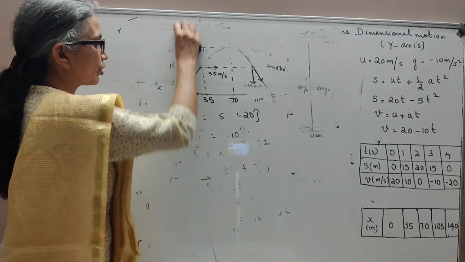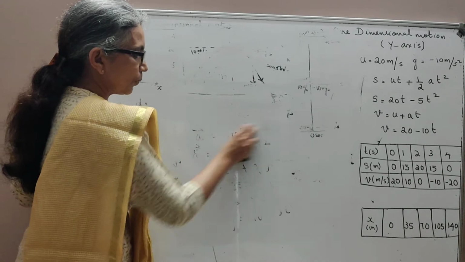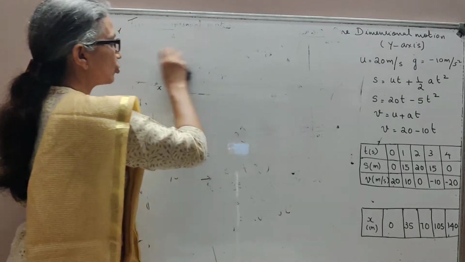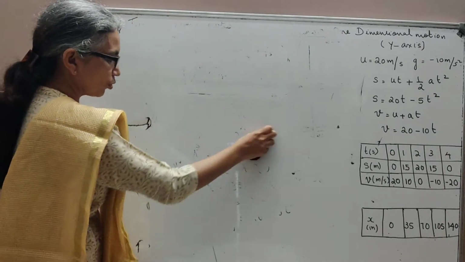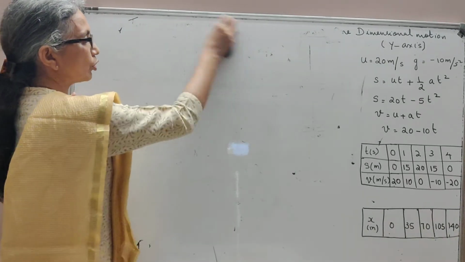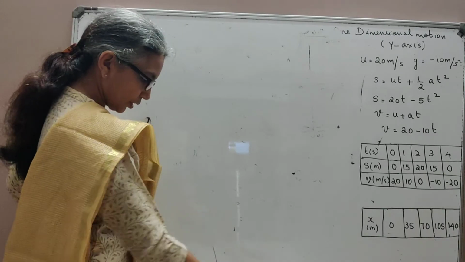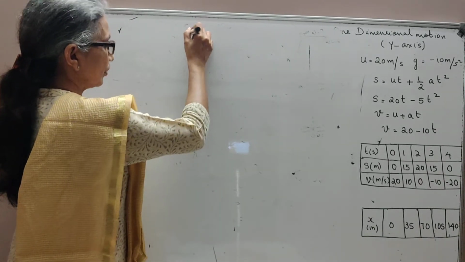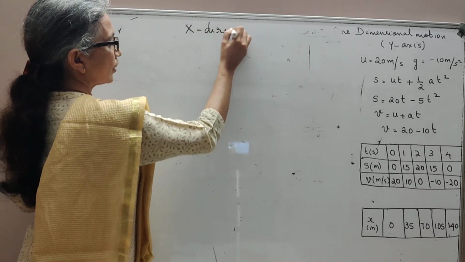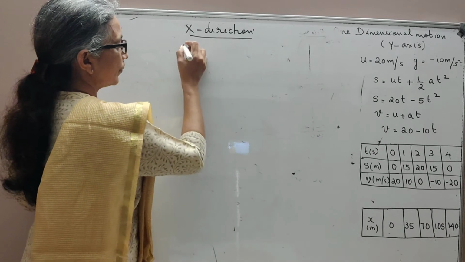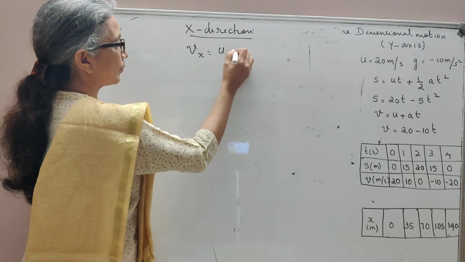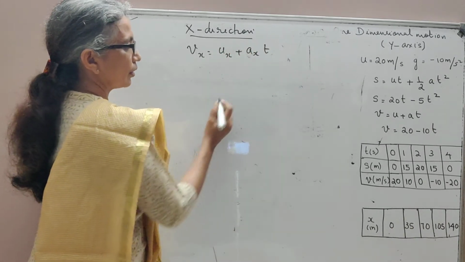So the three equations of motion that we have: v equal to u plus at, s is equal to ut plus half at square, and v square minus u square equal to 2as. These are the three equations of motion that we will be using. And if you're going to write those equations for 2D motion, along the x-axis our formulas will be: v equal to u plus at can be written as vx is equal to ux plus axt.